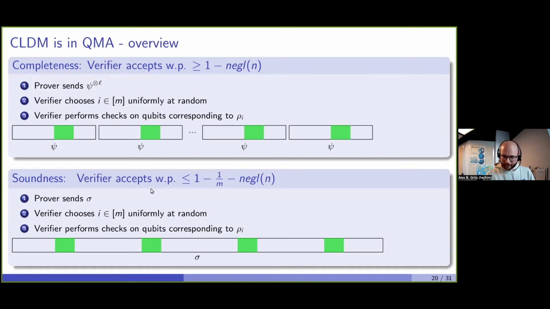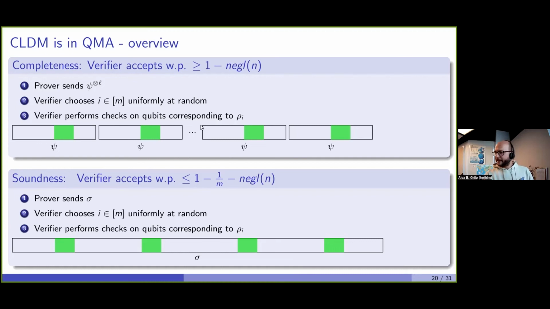In particular, the verifier accepts with probability roughly 1 minus 1 over m. This 1 over m comes from the unique density matrix that is incompatible with the specific quantum state constructed from sigma.